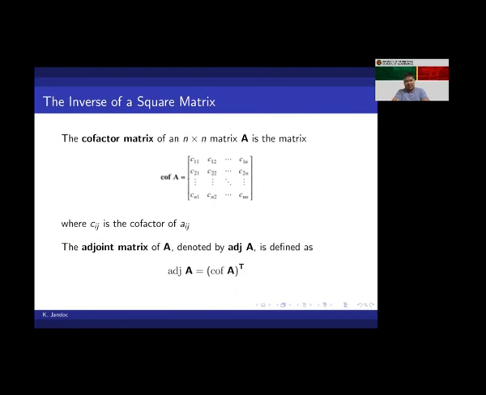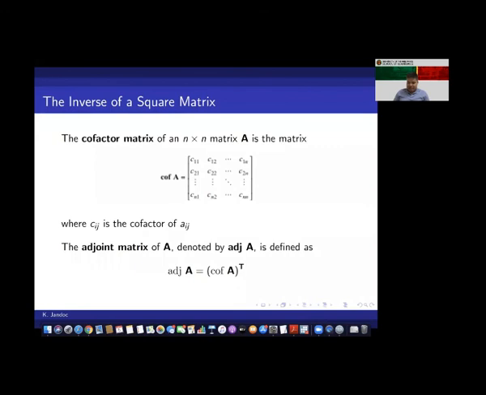Now recall that we have shown a while ago how to compute the cofactors associated with each entry of a matrix A. So we now define what's called the cofactor matrix. The cofactor matrix of A is just the matrix of the cofactors of A. Recall the cofactor is just -1 to the power i plus j times the minor associated with the entry.